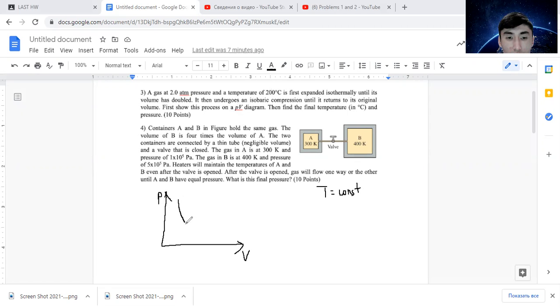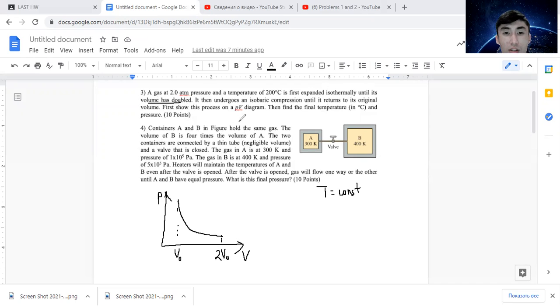So here will be just a line like this, until its volume has doubled. It means here will be the initial volume, let's call it V0, and here will be 2V0, right? Doubled its initial value.